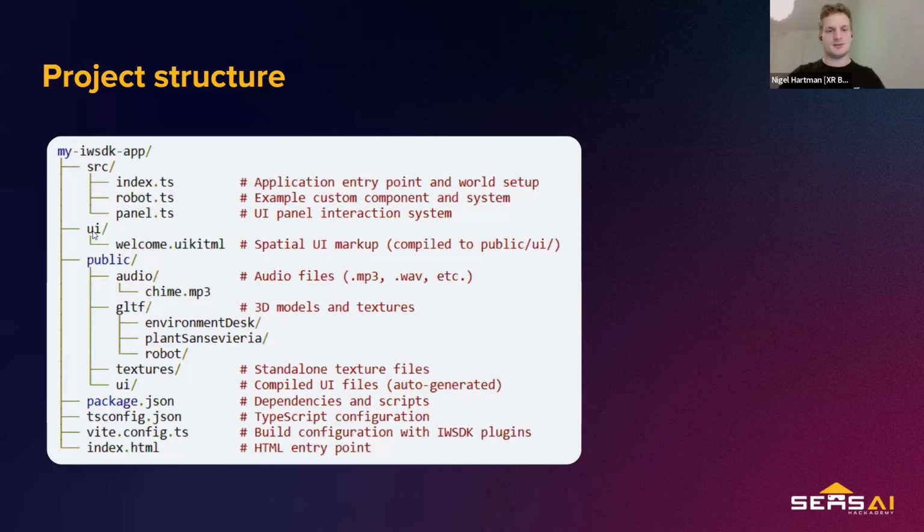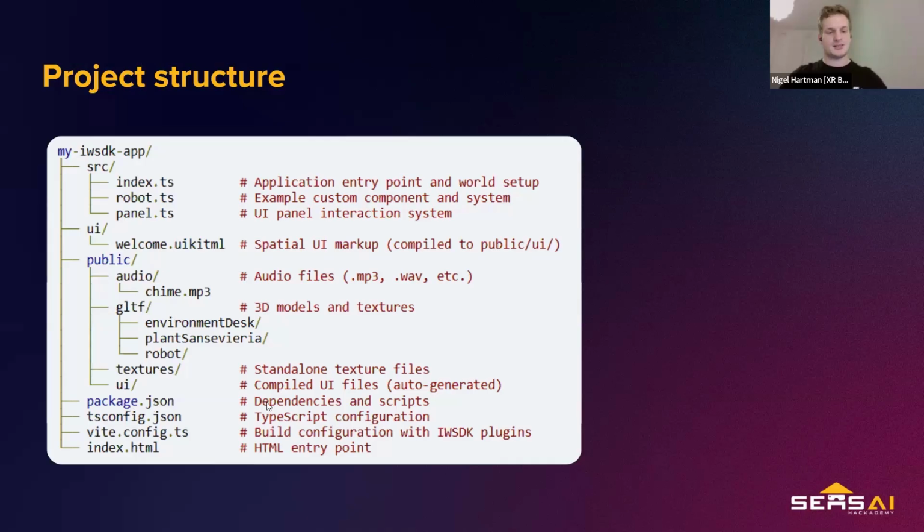There's a user interface folder, which is extra for the user interface, UI Kit files, and a public folder, which is actually a folder for static files, assets you want to use in your application. For example, audio files, 3D models, textures, and other things.